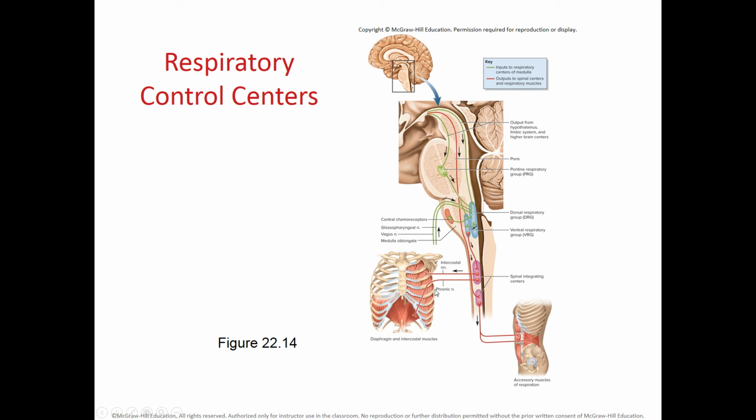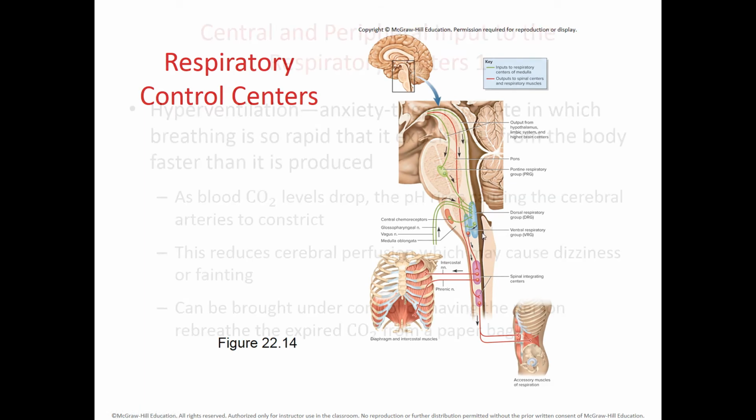So when you have damage to this phrenic nerve, you start using your intercostal muscles. So you have costal breathing. And when you damage these DRGs in your medulla oblongata bilaterally, the person will suffer from apnea or stop breathing, and the person will die.